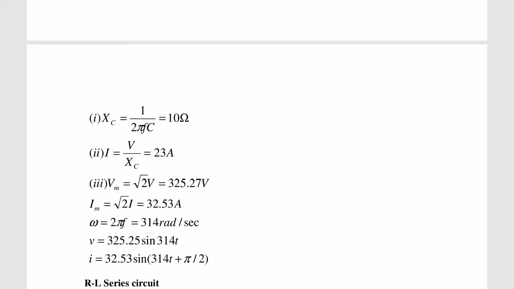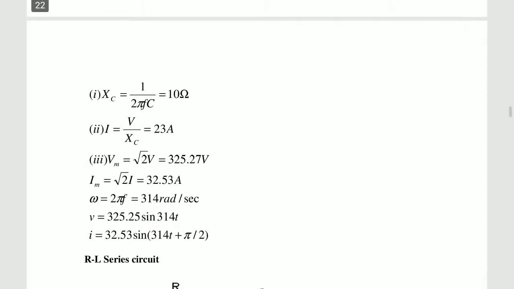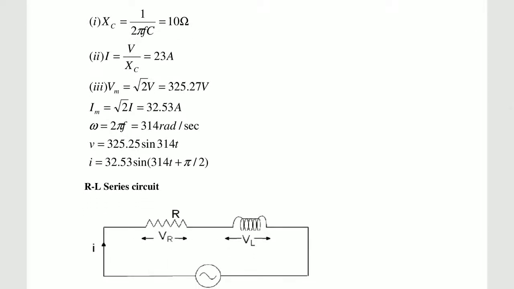This way we can conclude for pure capacitance and pure inductance what the equations are, and how we can calculate the voltage, current, XC, XL, maximum current, maximum voltage, angular frequency, instantaneous voltage, and instantaneous current.